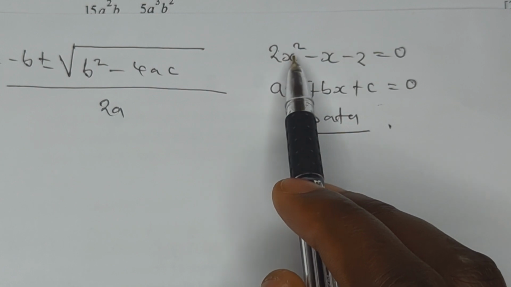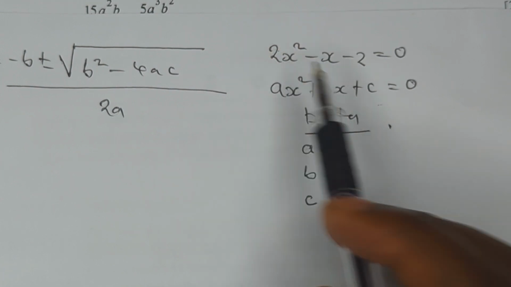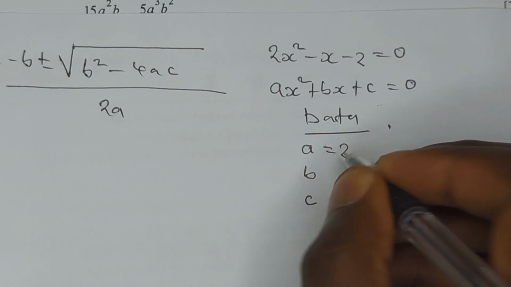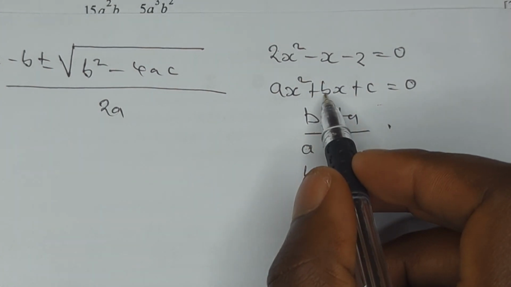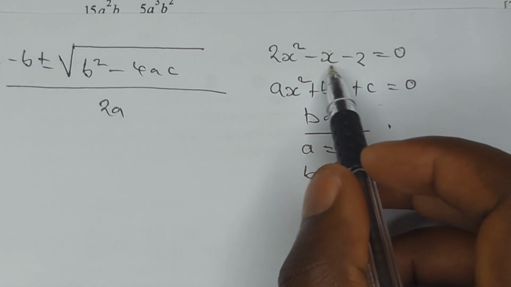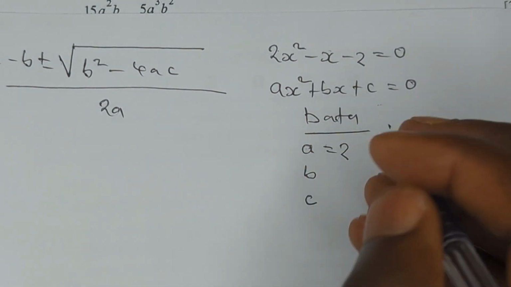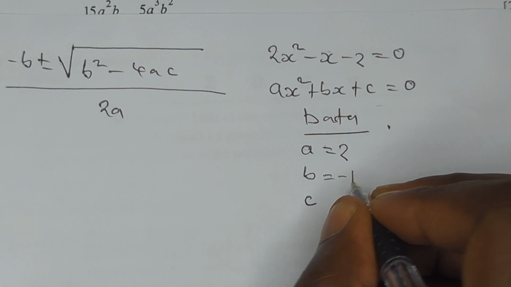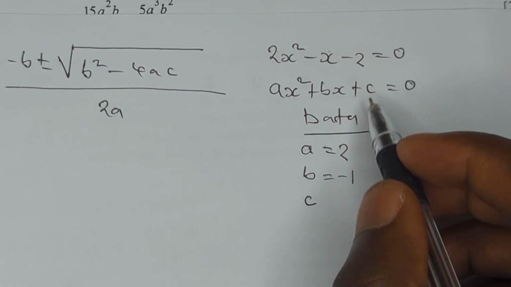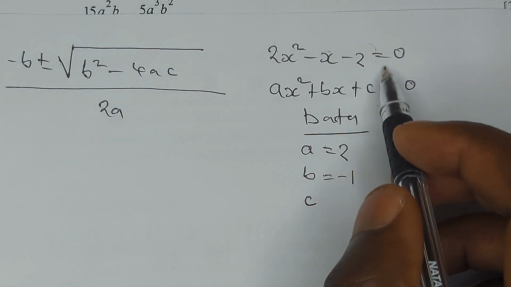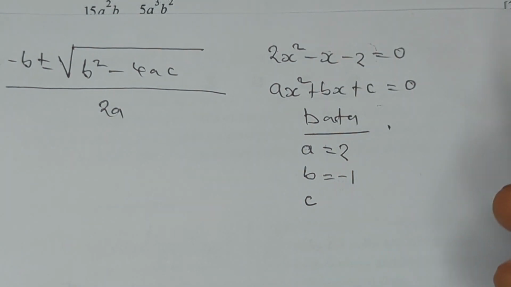In this case, the coefficient of x to the power 2 is 2. So a is equal to 2. And b is the coefficient of x. So the coefficient of this x is negative 1. c is the constant number, a number without a letter. So that is negative 2.